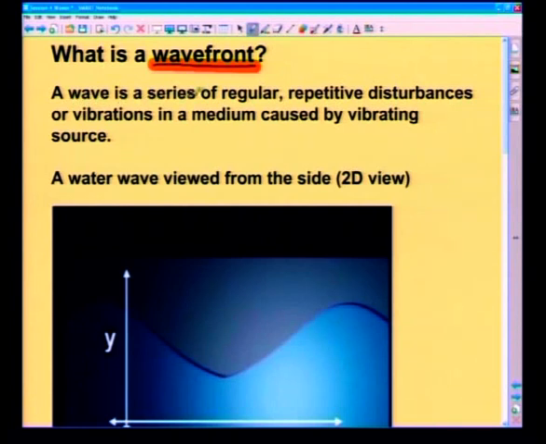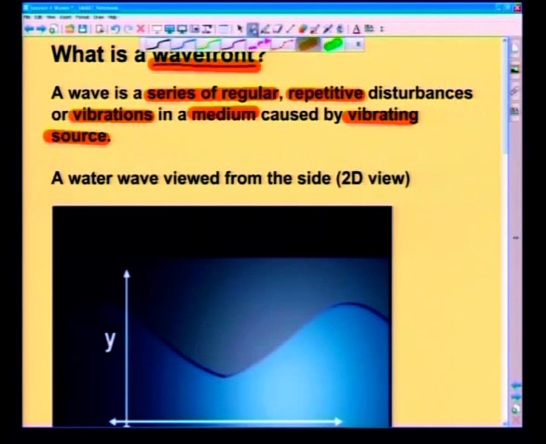A wave is a series of regular, repetitive disturbances or vibrations in a medium. The medium could be air, it could be some solid medium, it could be water. That is caused by a vibrating source. So there must be a source that creates or generates those waves.